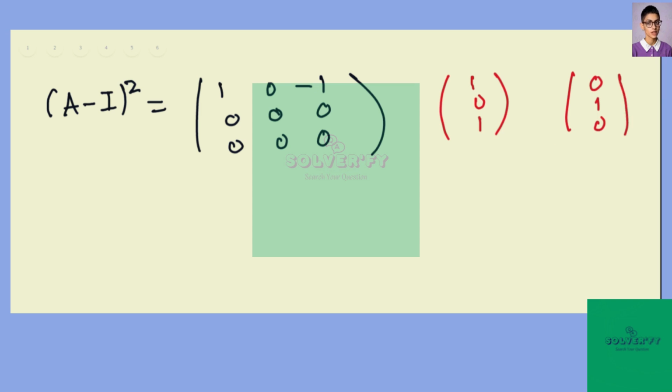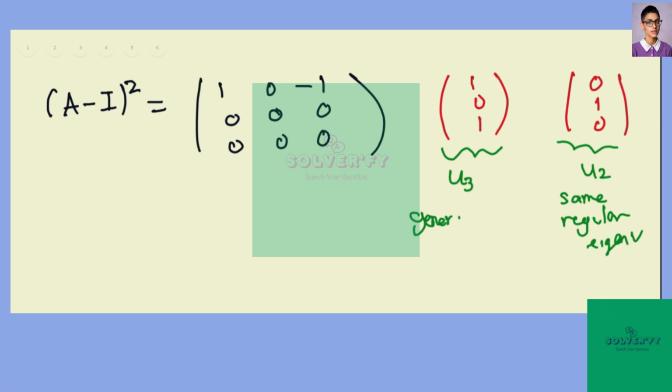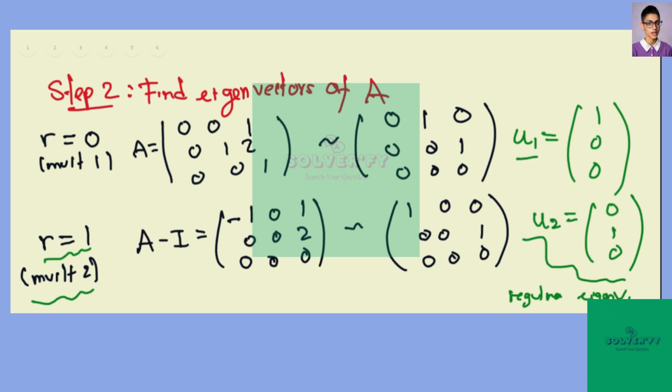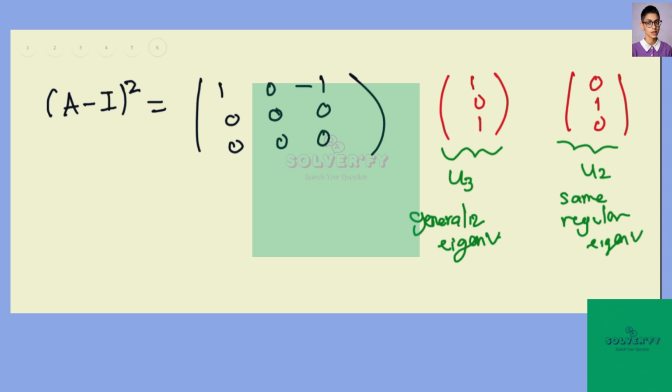The vector 0, 1, 0 already appeared as a regular eigenvector, so this is u2, the same regular eigenvector, and the new vector we find, 1, 0, 1, will be u3, a generalized eigenvector. So we have u1, u2, and now u3.